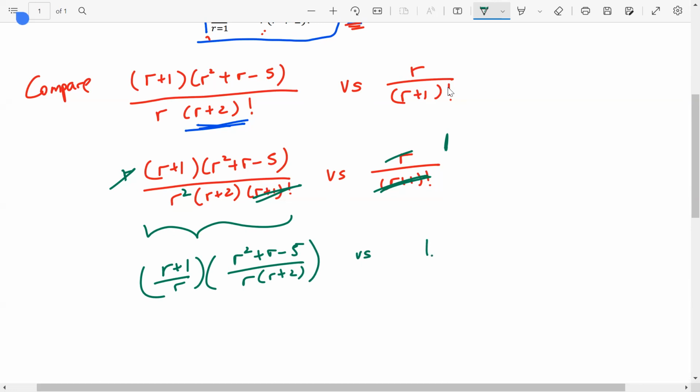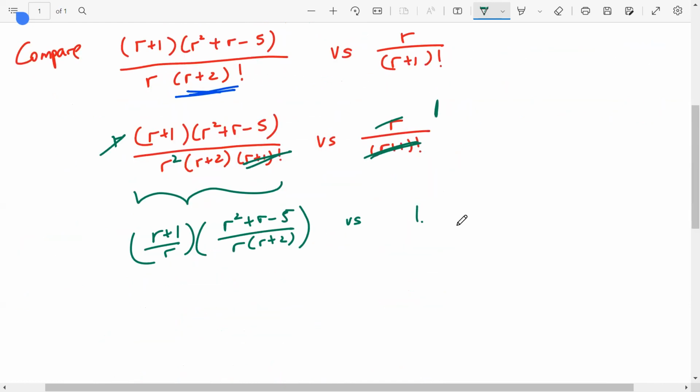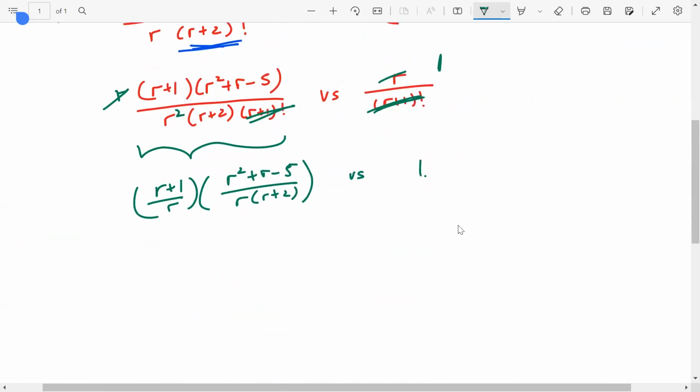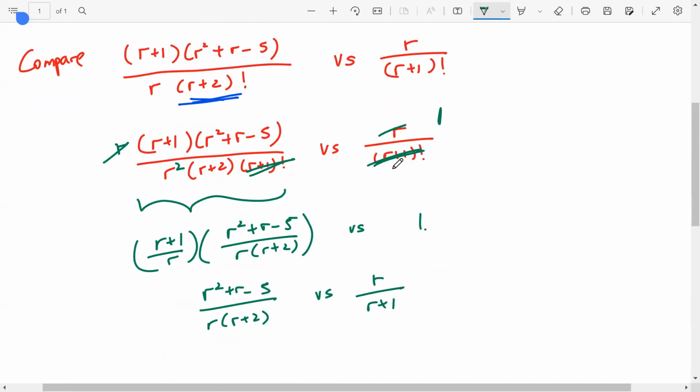This is the same as x, correct? And this one is just the inverse of x over (x+1). So now you can already know that (r squared plus r minus 5) over (r+2) versus r over (r+1). And it is obvious that based on this, we want this to be smaller than.